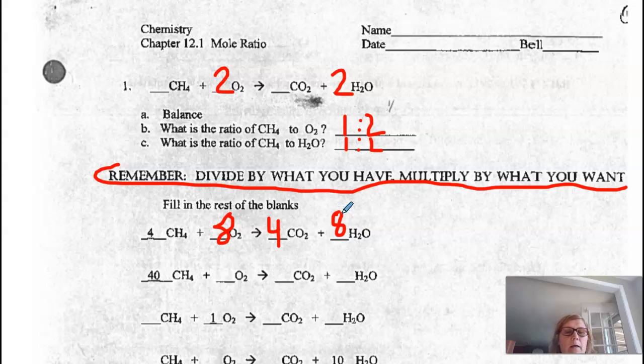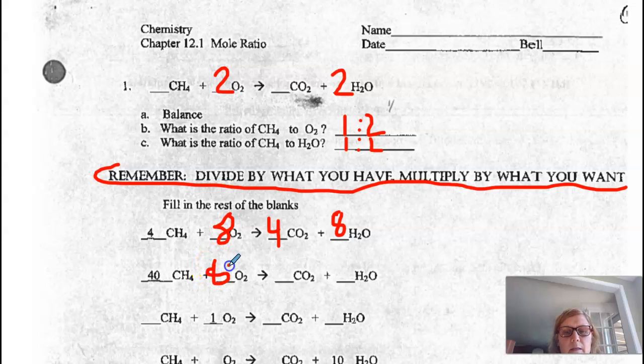Okay, next one, I'm going to do one more with you, and then I will post the rest of the answers in the middle of the week, like on Tuesday, so you can check your answers. Again, the ratio is 1 to 2, so 40 divided by 1 is 40, times 2 is 80.